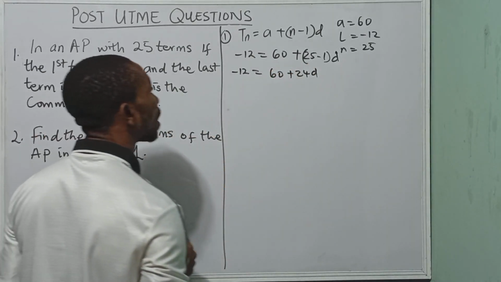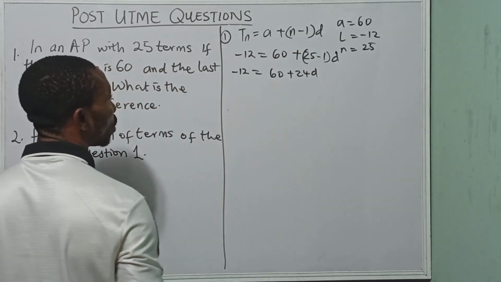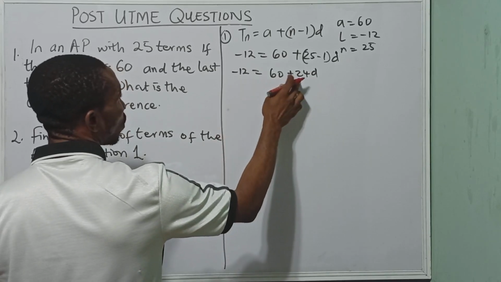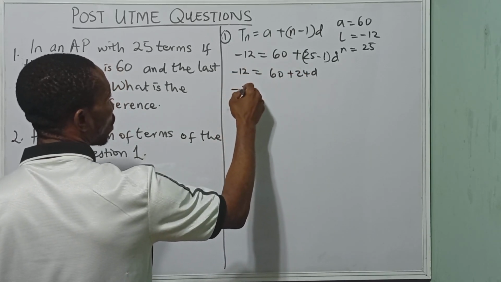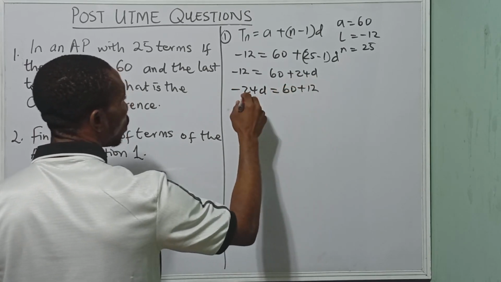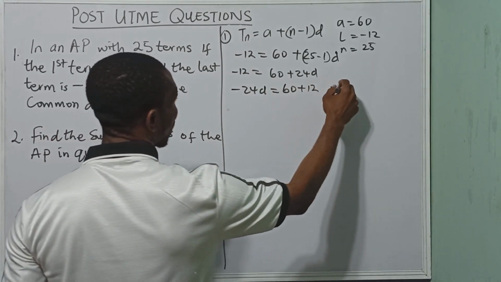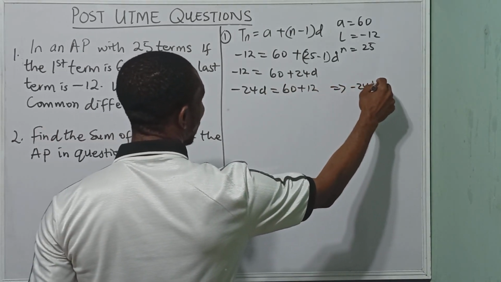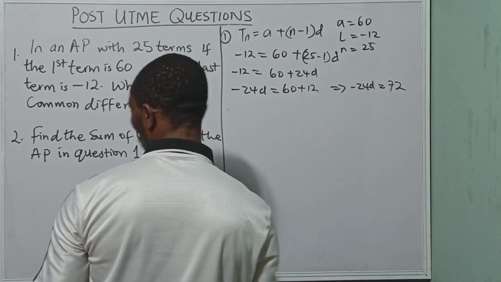Okay, so collecting like terms here, 24d going over will give us minus 24d equals 60 plus 12. So we would have minus 24d equals 72.